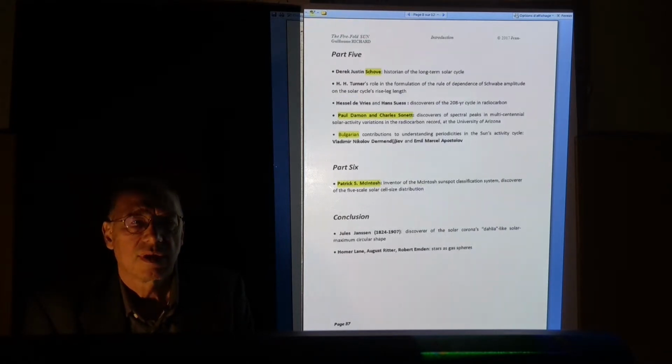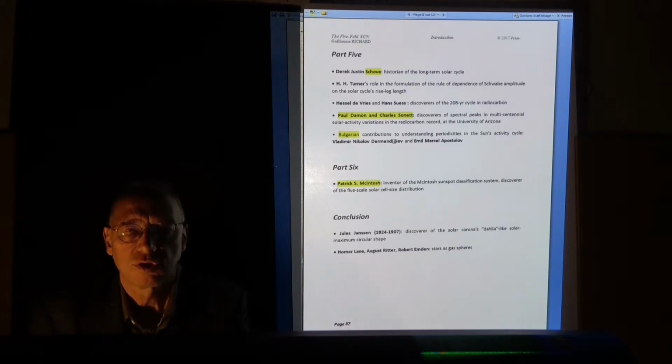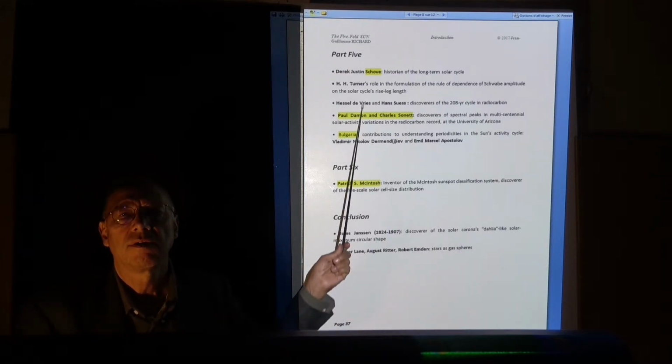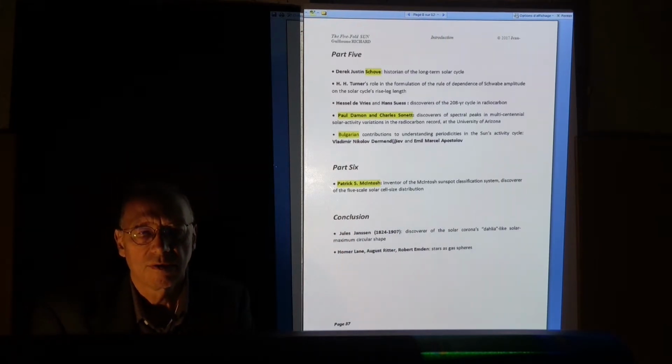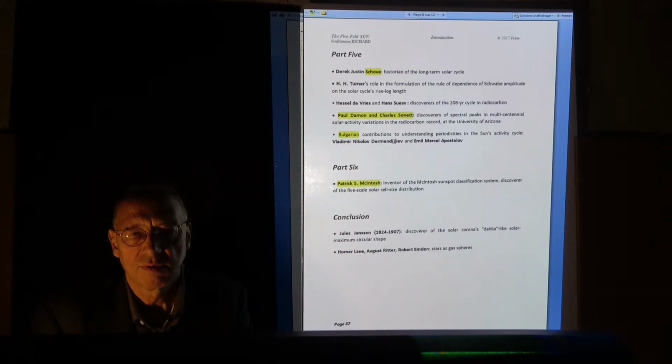There are also some biographical notices in this work about historians of the solar cycle, who are not necessarily astronomers who observed with telescopes. Derek Jones is a London-based historian of the long-term solar cycle, for which I wrote a biographical note.